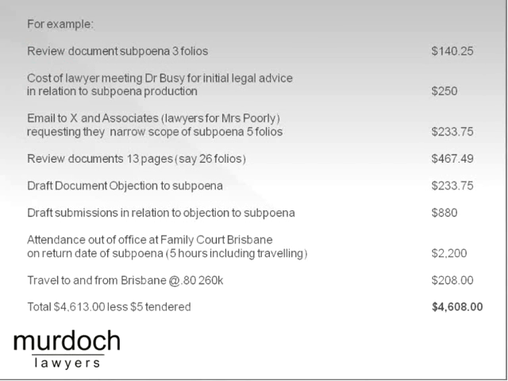But this gives you an example of the sort of costs that, if you sought legal advice, you would be able to claim. So the cost of reviewing that subpoena and really looking carefully at what documents were sought, the cost of initial legal advice in relation to whether you have to produce the documents and if so, which ones, writing to the solicitors who issued the subpoena and seeing if you could narrow the scope of the subpoena.